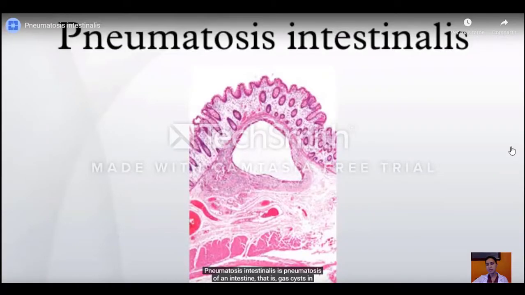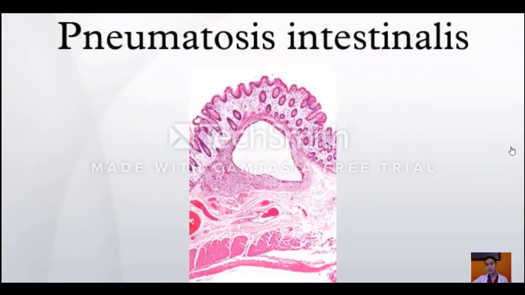Pneumatosis intestinalis is pneumatosis of an intestine, that is, gas cysts in the bowel wall. As a radiological sign, it is highly suggestive of necrotizing enterocolitis. This is in contrast to gas in the intestinal lumen. In newborns, pneumatosis intestinalis is considered diagnostic for necrotizing enterocolitis, and the air is produced by bacteria in the bowel wall.